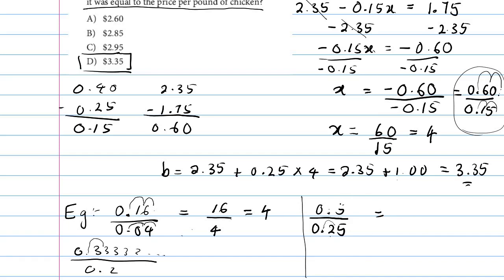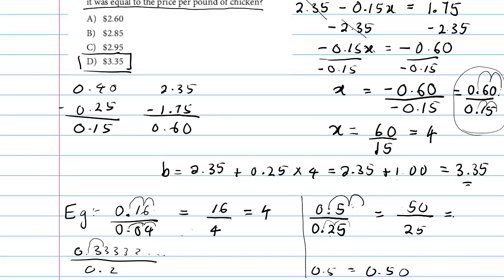You have to do two jumps, 1 and 2, so you end up with 25 down here. Over here you also do two jumps. Remember that 0.5 is the same thing as 0.50, so when you do two jumps you end up with 50, with a 0 at the end.